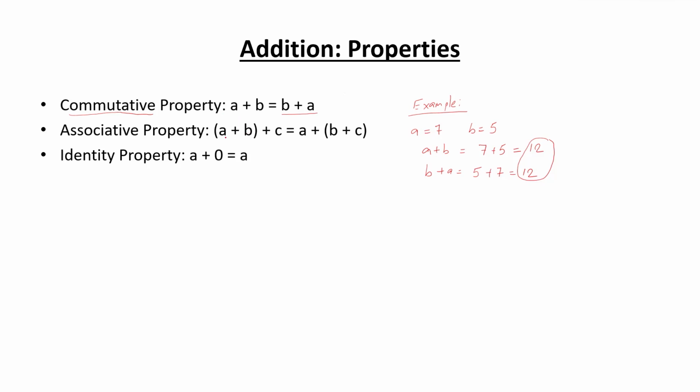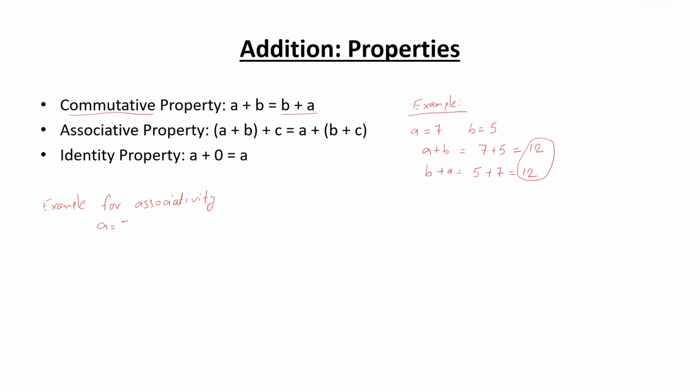The second property is, if you have three numbers, let's say A, B, and C, you can add those numbers in any order. Either you add A plus B first and then you add C, or you add B plus C first and then you add A. Let's see one example for associativity.